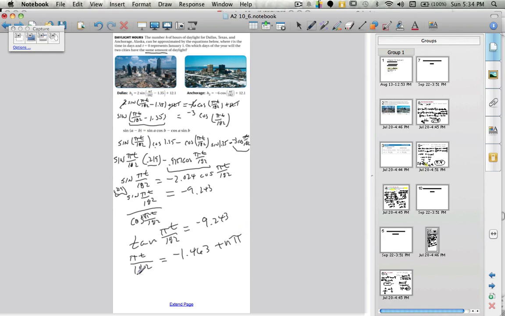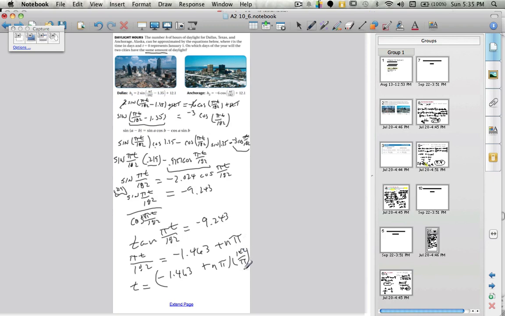Right, now if I go ahead and multiply both sides of the equation by 182 and divide them by pi, I'll get t. So I'll have negative 1.463 plus n times pi times 182 over pi.